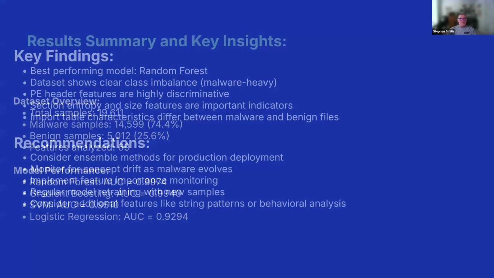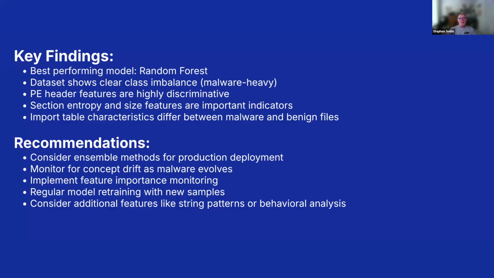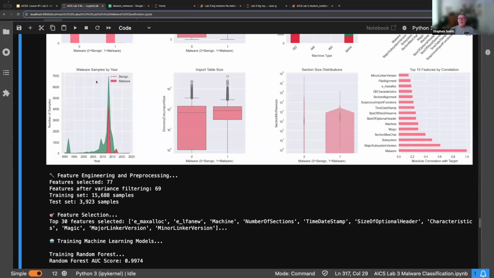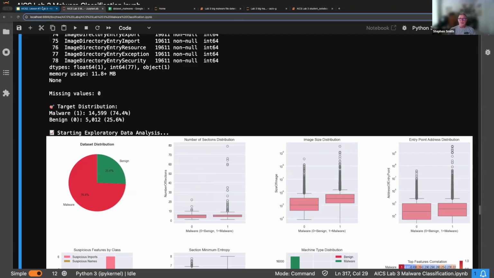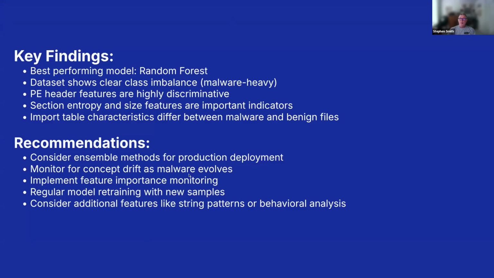All right. So what are the key findings? What did we learn? The best performing model was random forest. The data set shows a clear class imbalance, right? That's when we talk about class imbalance, this is what we're talking about. This is not normal. You don't have 74% malware anywhere ever. If you do, you should just run away as fast as you can. You don't want to be there. The PE header features are highly discriminative.